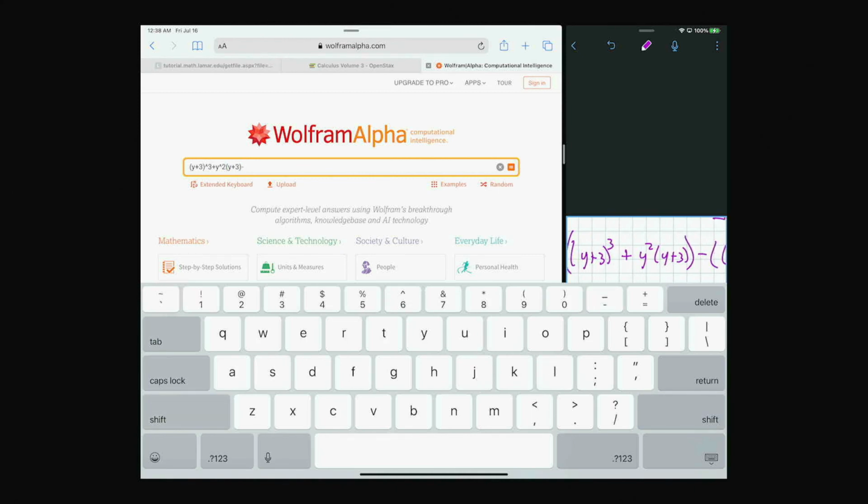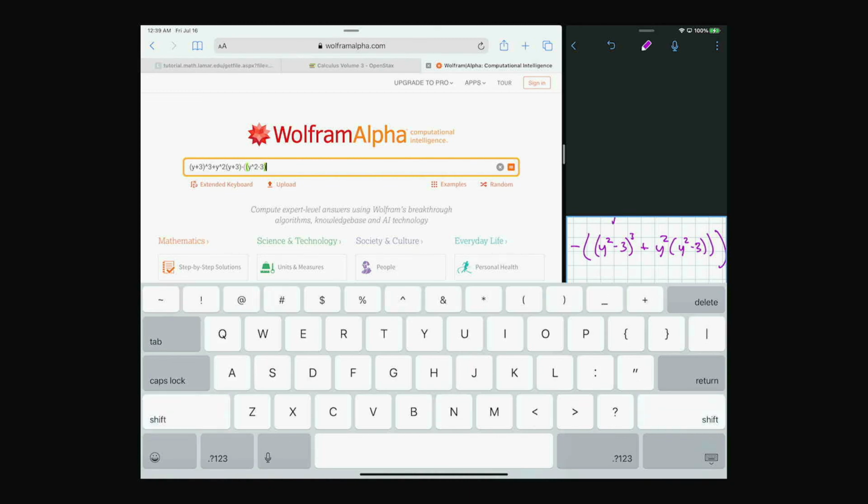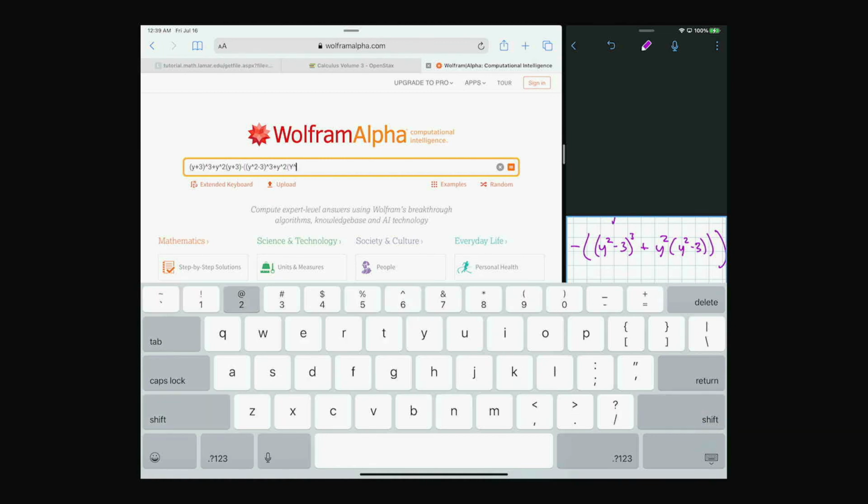Then we got minus, scroll over. Careful to get this all in parentheses so you don't lose that minus. You have more parentheses, (y squared minus 3) cubed, and then plus y squared (y squared minus 3), and I think that's all the parentheses we need.